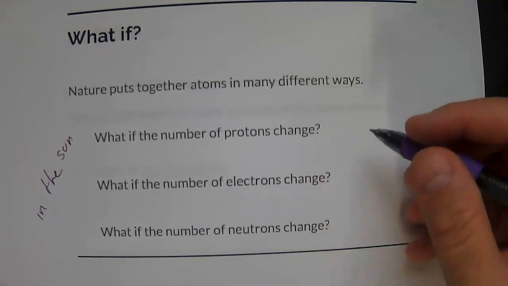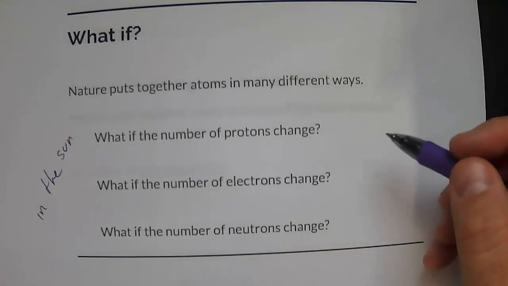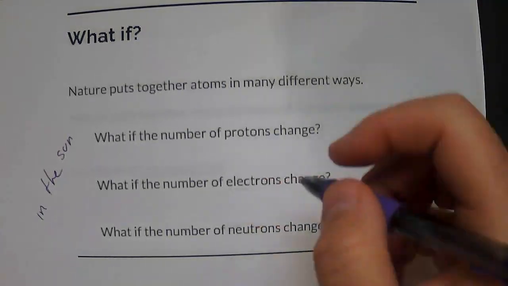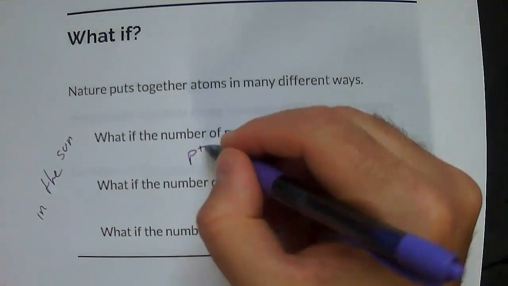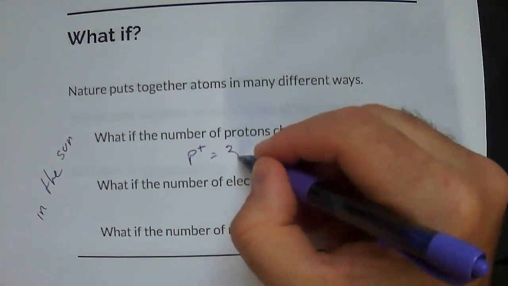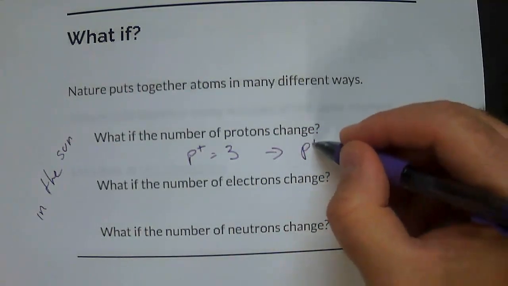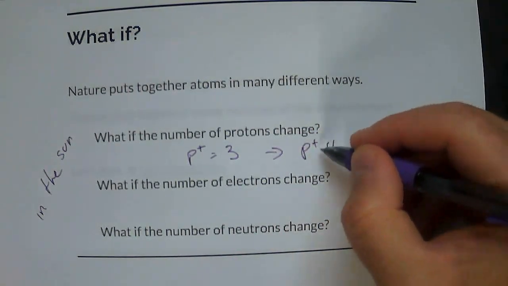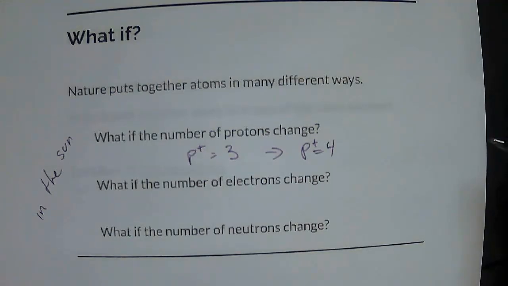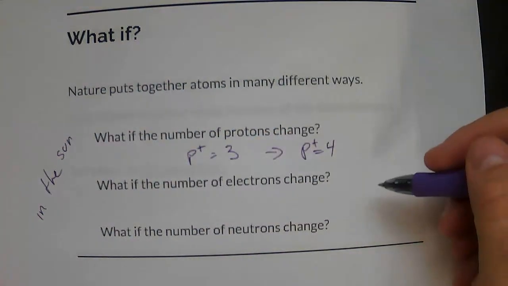Okay, but anyways, what happens if we change the number of protons? So a proton is the atomic number. So if we go from protons is 3, and then we change the number to protons are equal to 4, what happens to the atom?